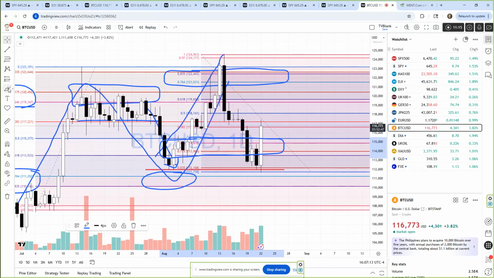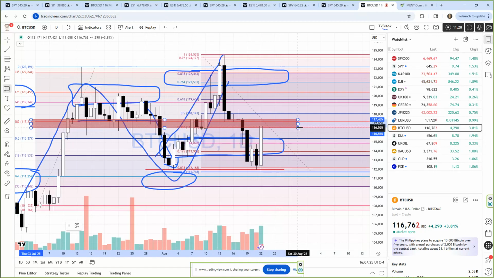So we have this nice little range right in here, actually, I'll do that as a box. Likely going to be a very critical price zone right in here, support and resistance. And headed into the weekend, we'll have to see if we get back above it or if we reject on Monday back to the downside.